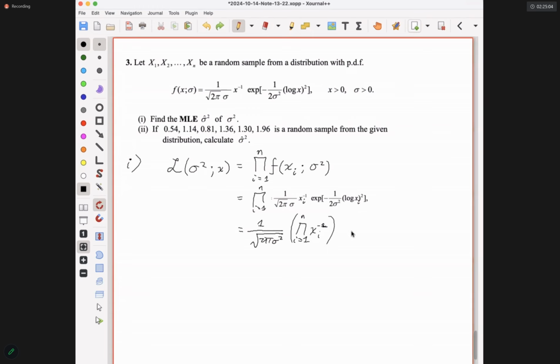So exponential negative 1 over 2 sigma squared, sum from i equals 1 to n of log x squared. Does that make sense?